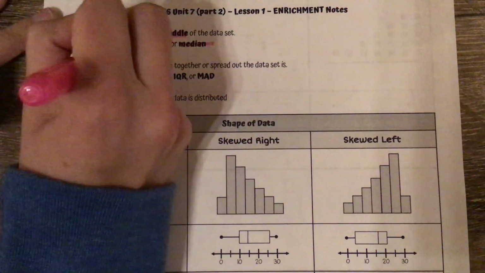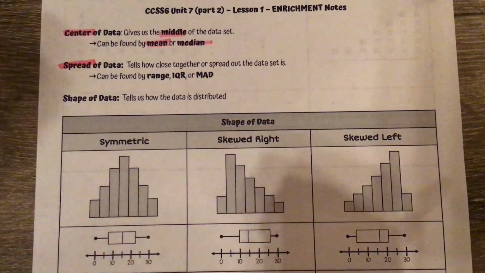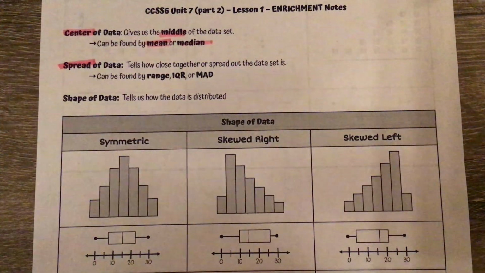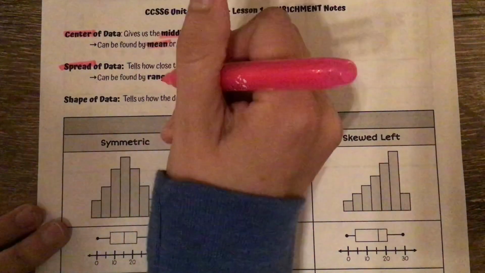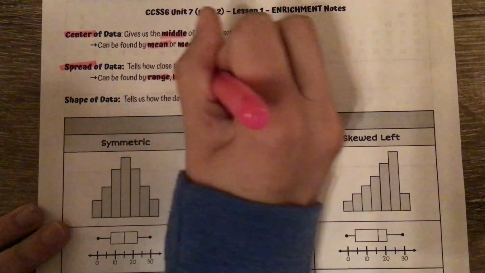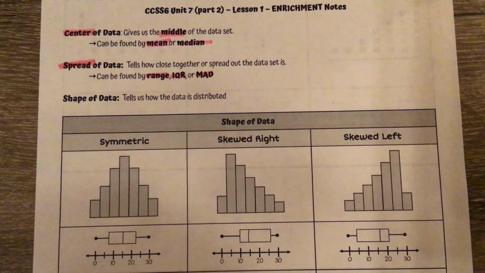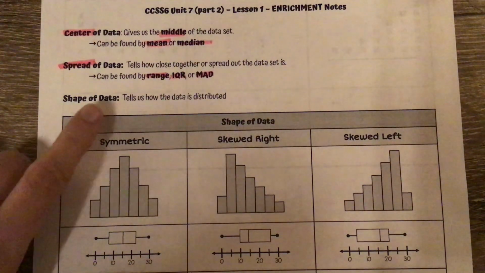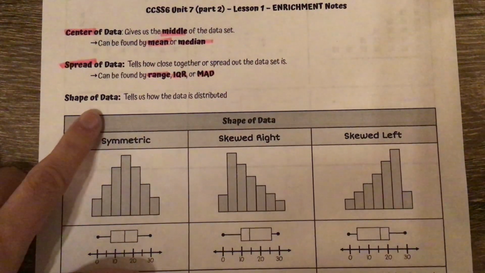The spread of the data is how close together or spread out it is. We look at things like range, IQR, or MAD when we're talking about how spread out it is. And then the shape of the data, that's what we're going to look at right now.